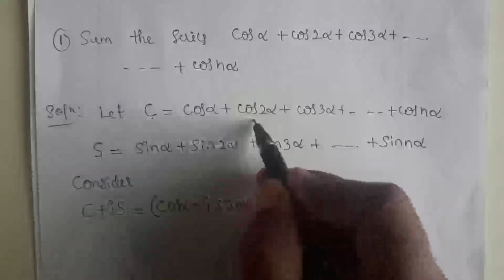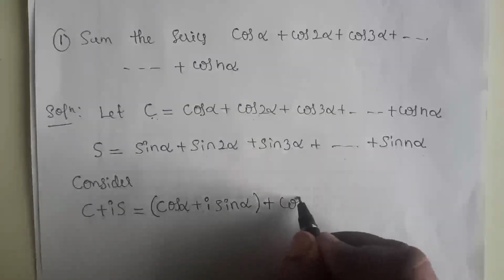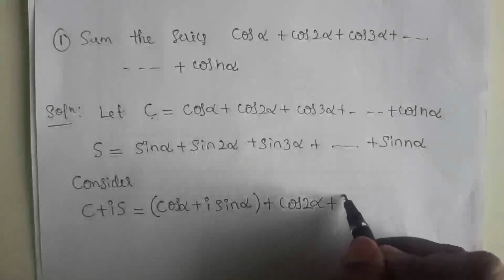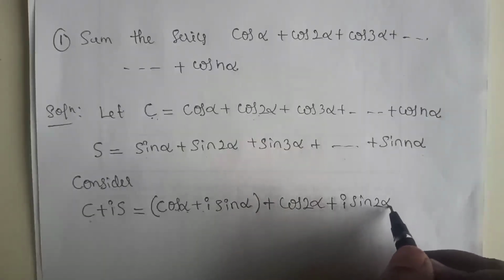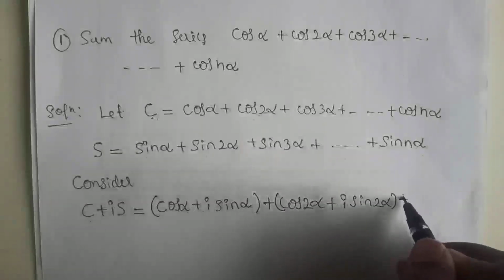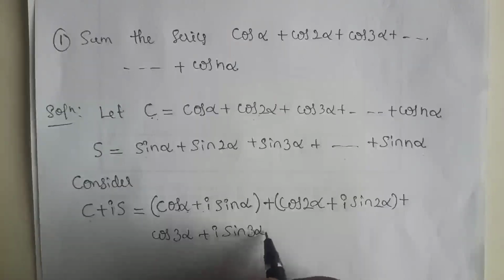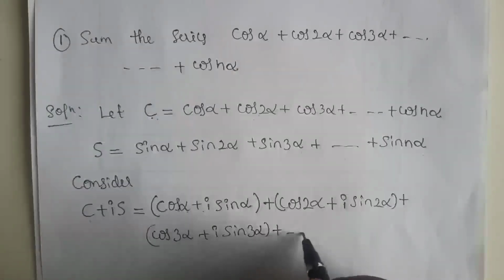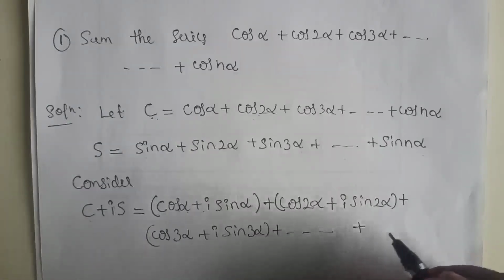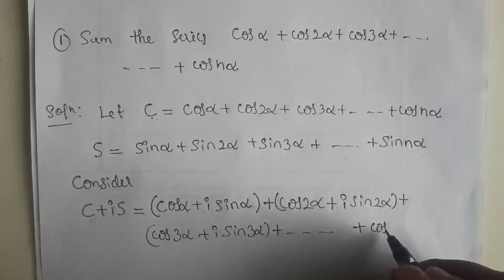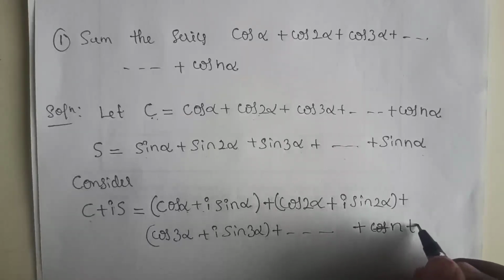Now we add the next terms: plus cos 2 alpha plus, on multiplying with i, i sin 2 alpha, plus cos 3 alpha plus i sin 3 alpha, and so on up to n alpha. We will write up to n terms.